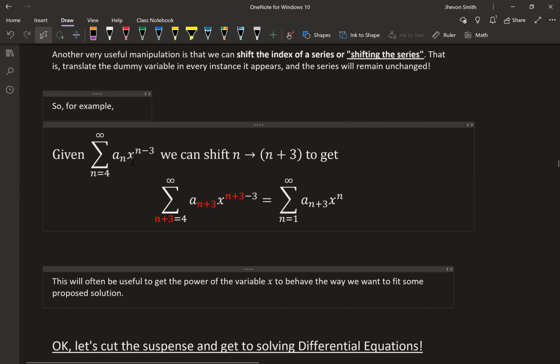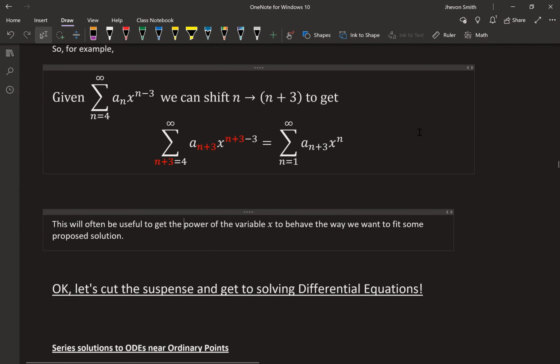If I go to this series and change all n's to n plus 3's, rewrite it, I would be able to write this series as that series. And this guy and that guy are saying exactly the same thing. They will both add up starting from a4 x to the 1 power, then a5 x to the 5th power, etc. They are both going to say the same thing. So shifting a series, very important. That's something you should remember how you can do.